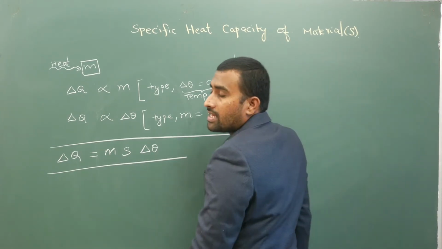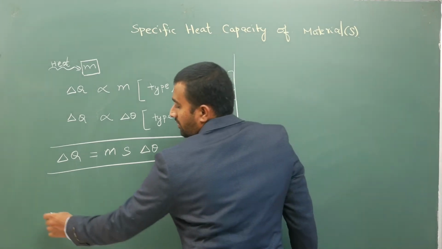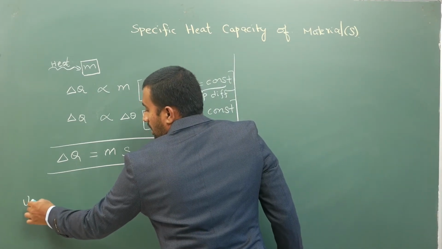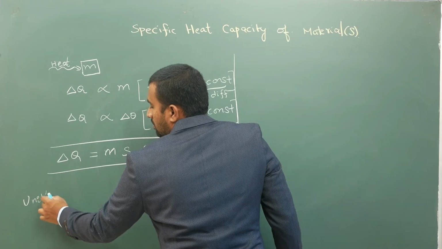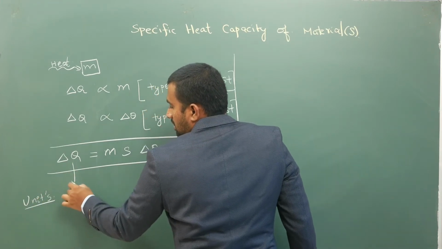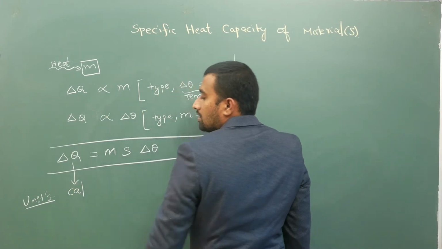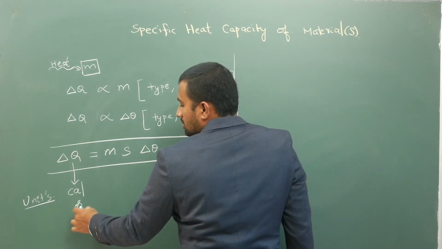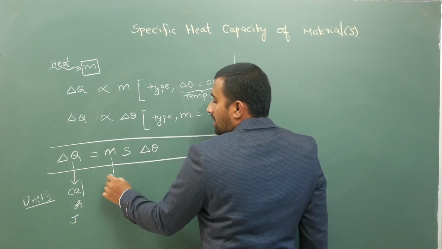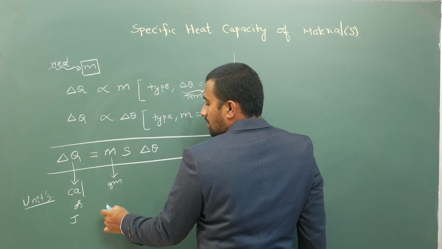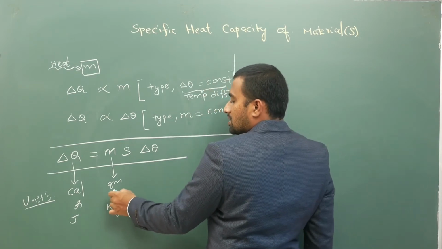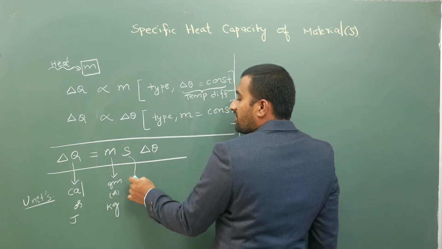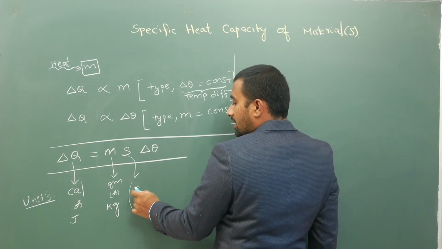Now if you take the units for each term, delta Q is calorie or joules. Mass will be grams or kg depending upon CGS or SI unit, and specific heat we will derive now.